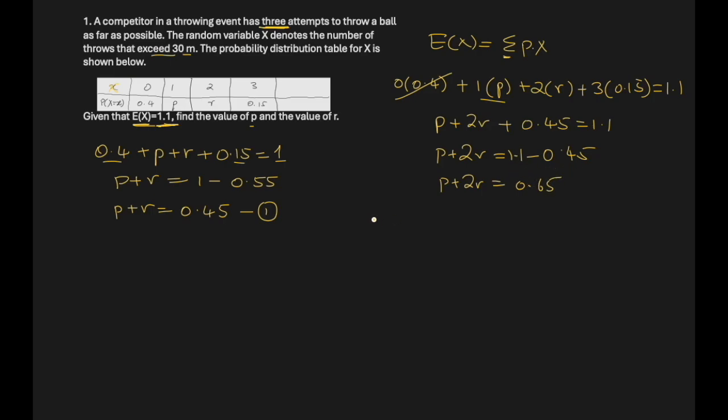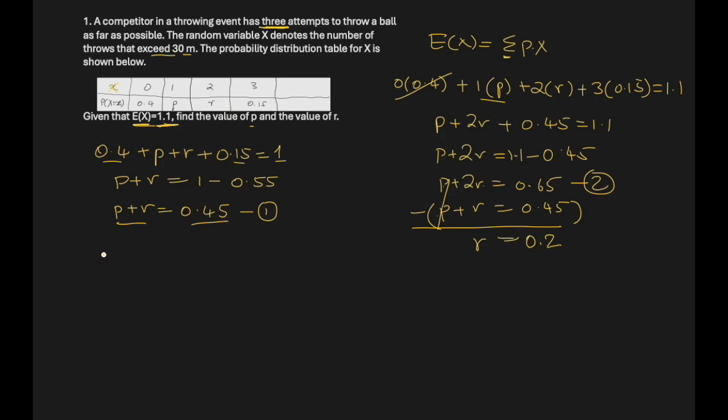So this is equation number 2, and we can use the elimination method of simultaneous equations to find p and r now. So let me write this p plus r equal to 0.45 under this and subtract the whole equation from the first one. So p minus p, 0, cancel out. 2r minus r is just r. 0.65 minus 0.45 is 0.2.